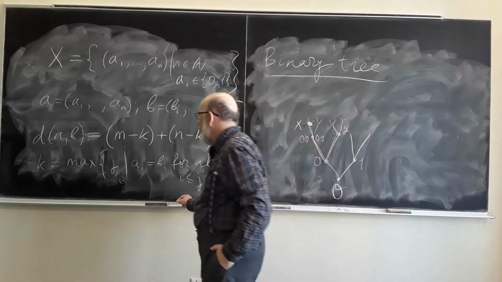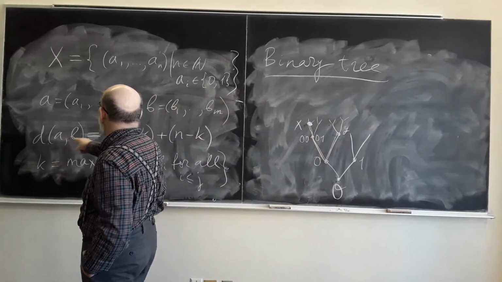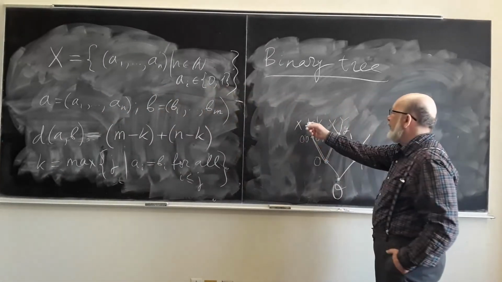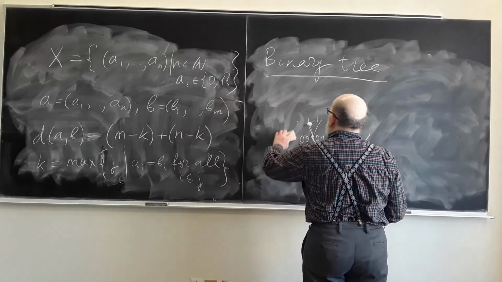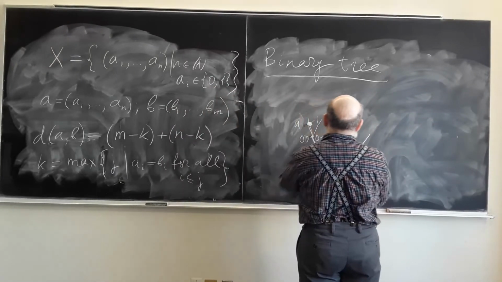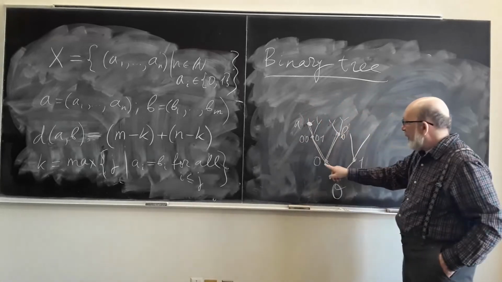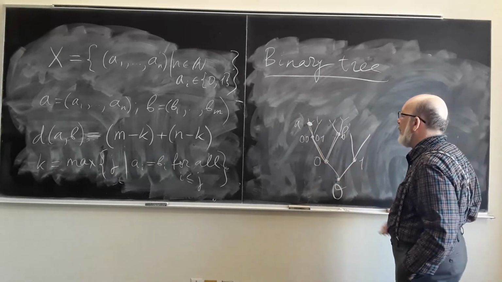So this is the point of divergence, and this is the formula. For example, here is x and here is y. Let me write that this is A, and this is B. We find the first point where they diverge.